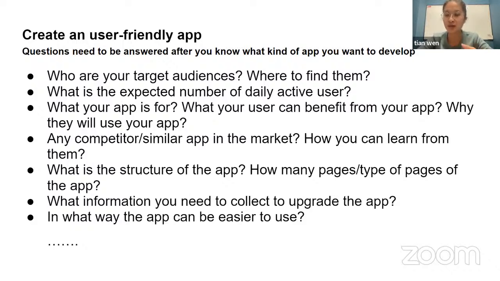One most important question is where users will find your app after you launch it. You may purchase some advertisements, launch your website, or introduce it through a WhatsApp group or Facebook group, etc. There are a lot of ways, and it's very important that we think about this question when we start planning. There are other questions we can go through, but these are very detailed questions you should consider.